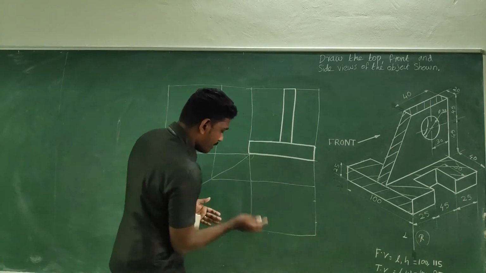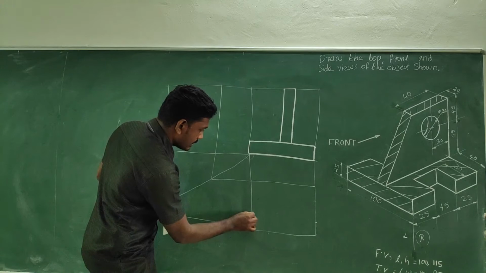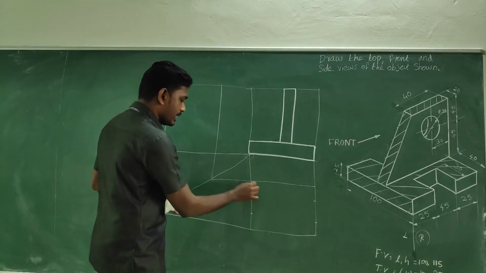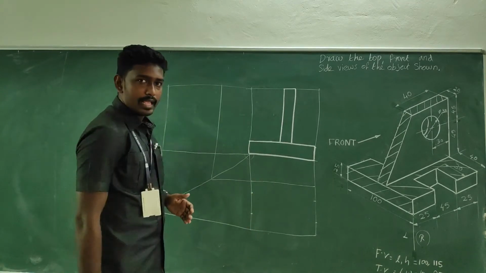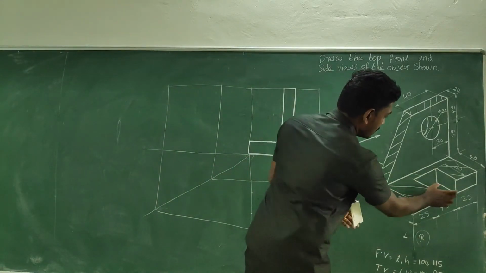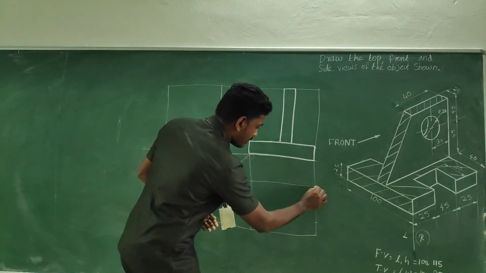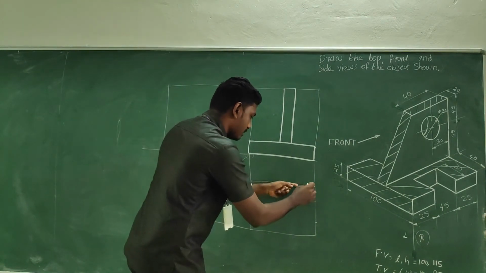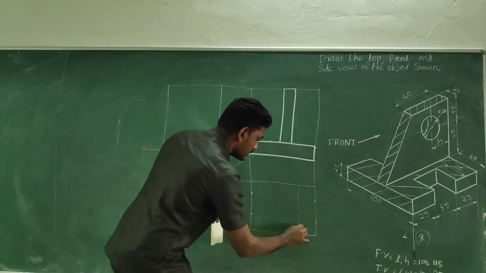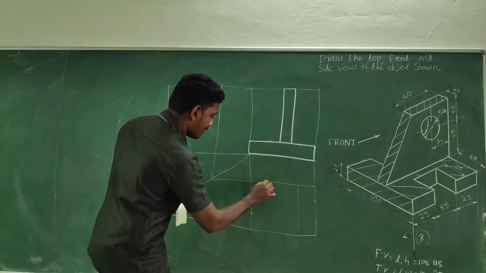Take this measurement 25 and mark a point, and from this end also 25. In the same manner, the rear side measurement is the same. So take 25 from this end and 25 from this end. Okay, fine. And what about the depth of this cut? It is 30, right? Measure 30 from this end, and from this end measure 30 and draw a line.